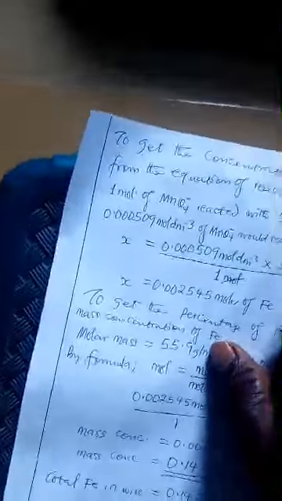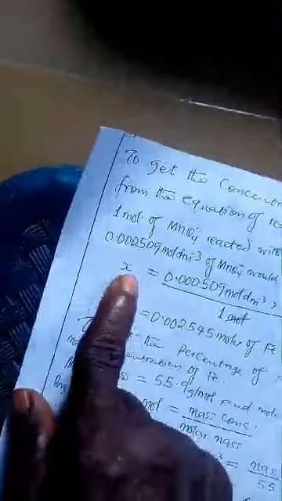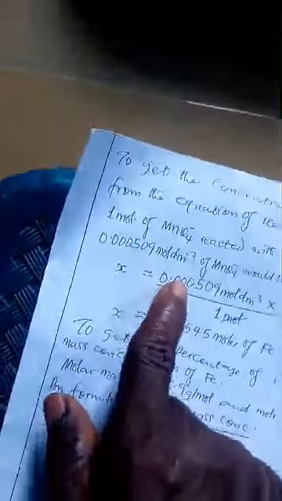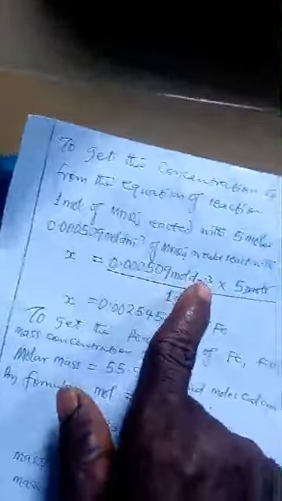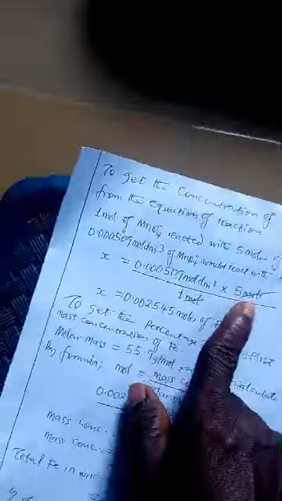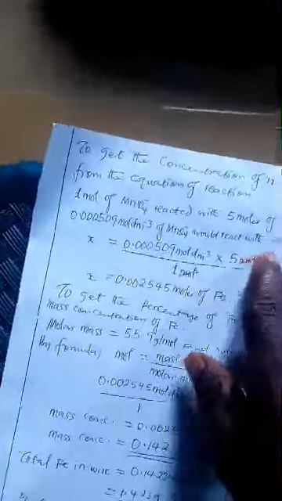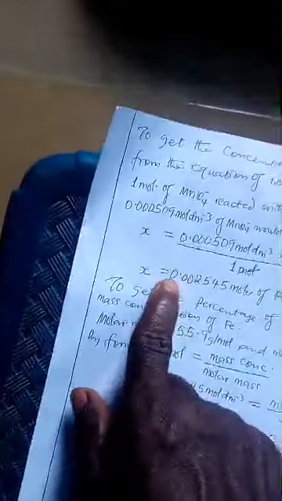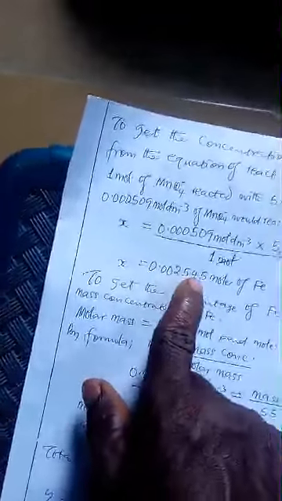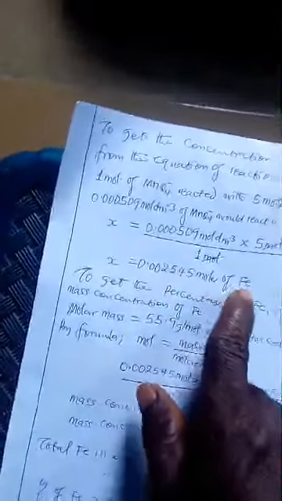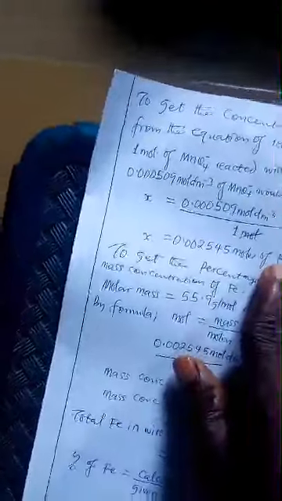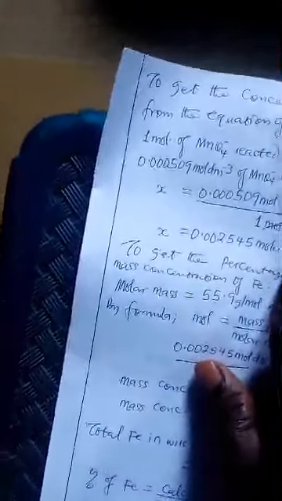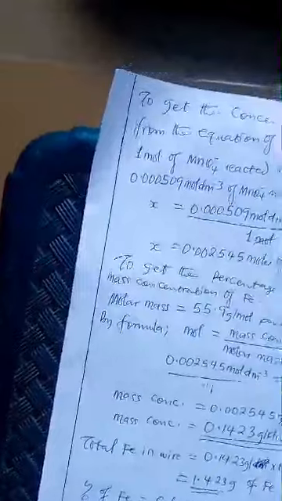If you make x the subject of the formula, x is equal to 0.000509 mole per dm3 times 5 mole over 1 mole. This mole cancels this mole, you are left with this multiplied by this, we get 0.002545 moles of iron. This is the mole of iron that is present in the equation from the question.